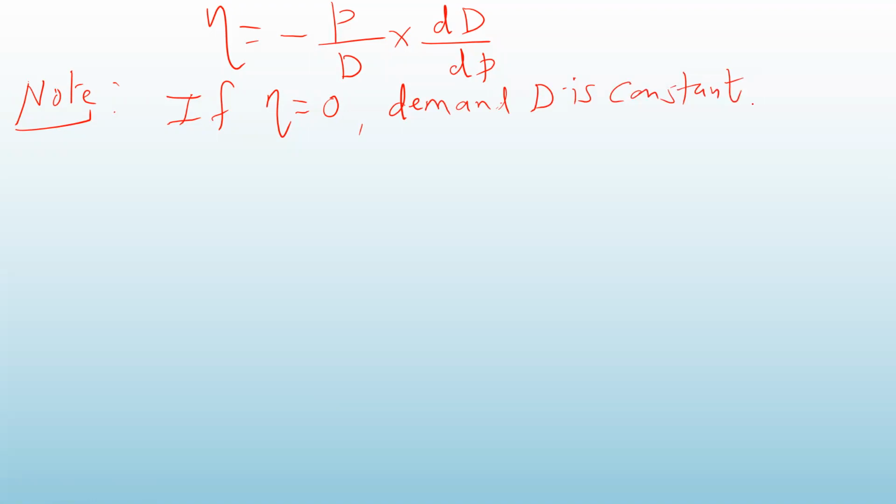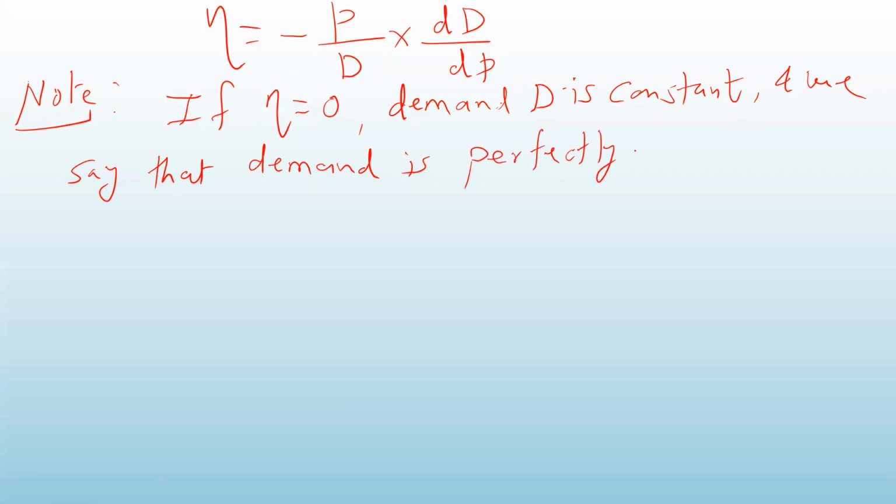So we say that the demand is perfectly elastic. So if eta is equal to 0, then we say that demand is perfectly elastic.